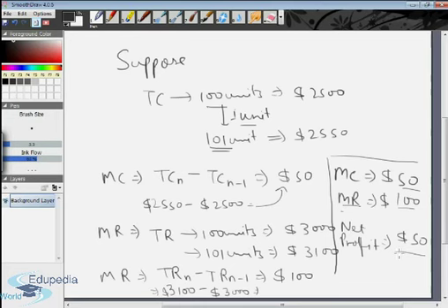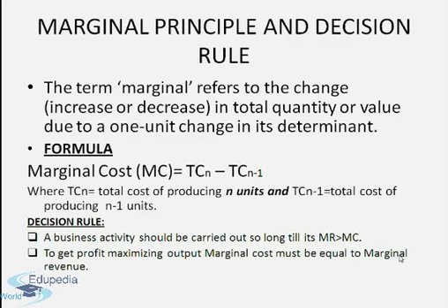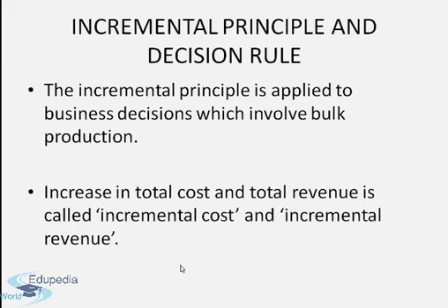This principle also helps us decide up to what point a business activity should be carried out: so long as its marginal revenue is greater than the marginal cost. And for a profit maximizing output, the marginal cost must be equal to the marginal revenue.